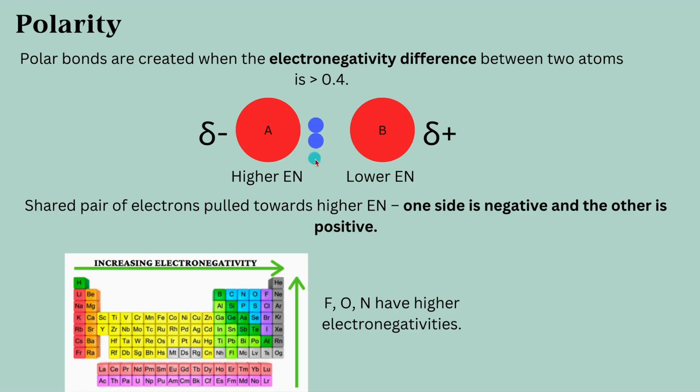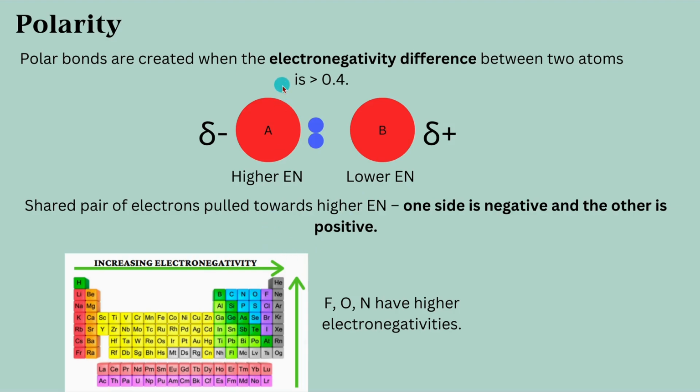So when there's 2 atoms and one of them has a significantly higher electronegativity than the other, and the electronegativity difference between these 2 is greater than 0.4, the electrons in the covalent bond will be pulled towards the atom with the higher electronegativity. So this side will get a negative charge since more electrons are here. This will get a positive charge since fewer electrons are here.